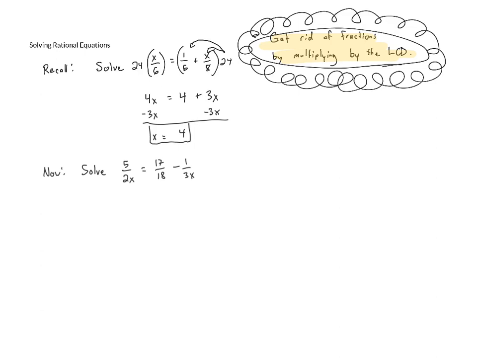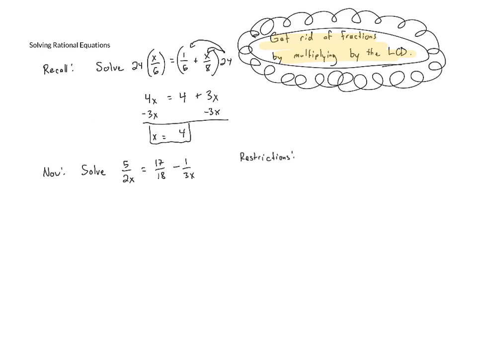Even though there are variables in the denominator, the same rule is still going to help us. We have fractions, we want to get rid of them. We do that by multiplying both sides by the LCD. And we're going to do that in just a moment, but we're going to do one other thing first. We're going to talk about our restrictions.